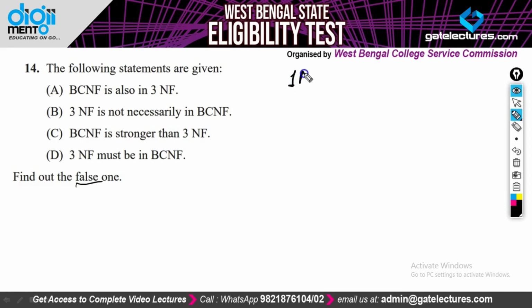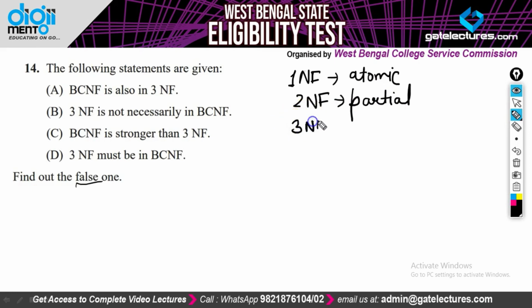In 1NF we make sure that our attributes must be atomic. There should not be any multi-valued or composite attributes, and when they are atomic, then only they can be in 1 normal form. Then we have 2 normal form, which says that there should not be any partial dependency.